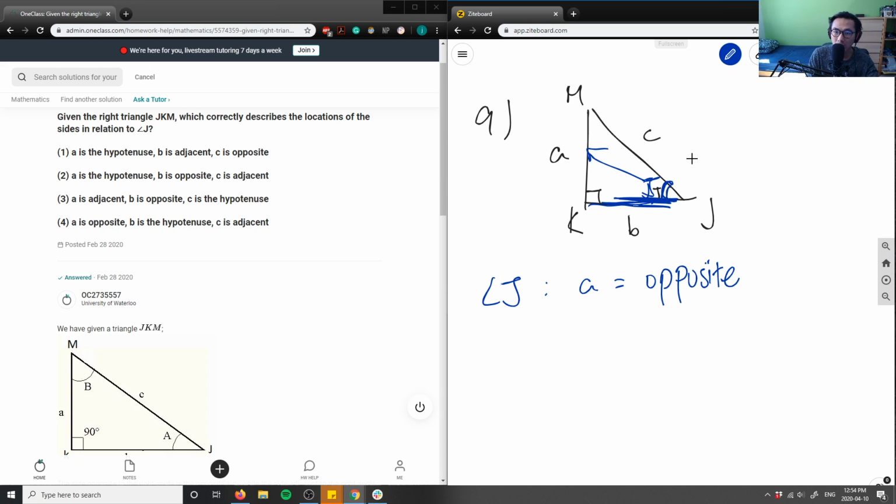So B here is my adjacent. And then C, the last one that's left, is my hypotenuse, the longest side.